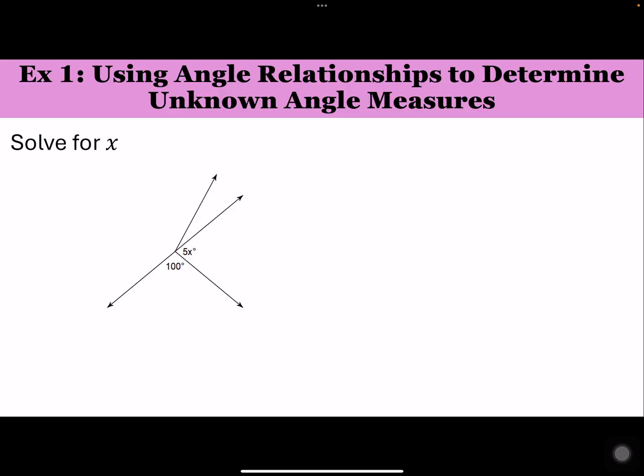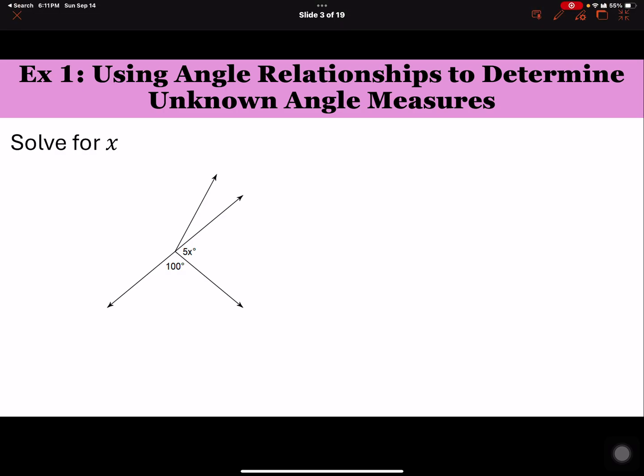In this example, they want us to solve for x using the angle relationships. So remember what I told you all in class. I think it's a really good idea for you all to trace your angles. So here's angle 100, and I'm going to trace it here.